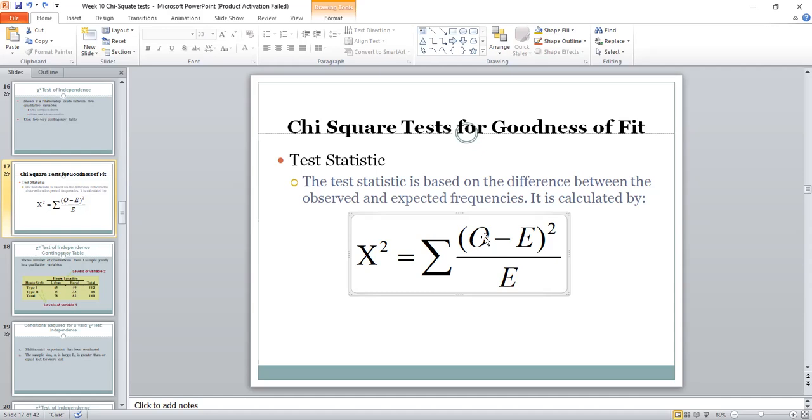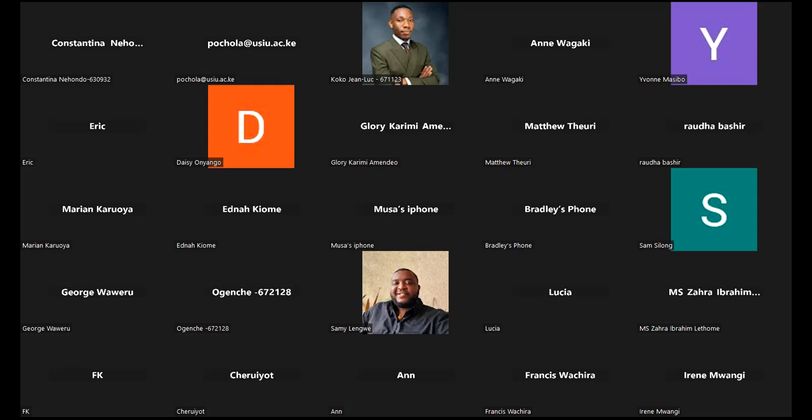And that's where I now want to move to Excel to show you how you derive an observed frequency contingency table, and then how you derive an expected frequency table to enable you to calculate chi-square, O minus E squared over the corresponding E. So we go to our Excel, then let's use the problem.